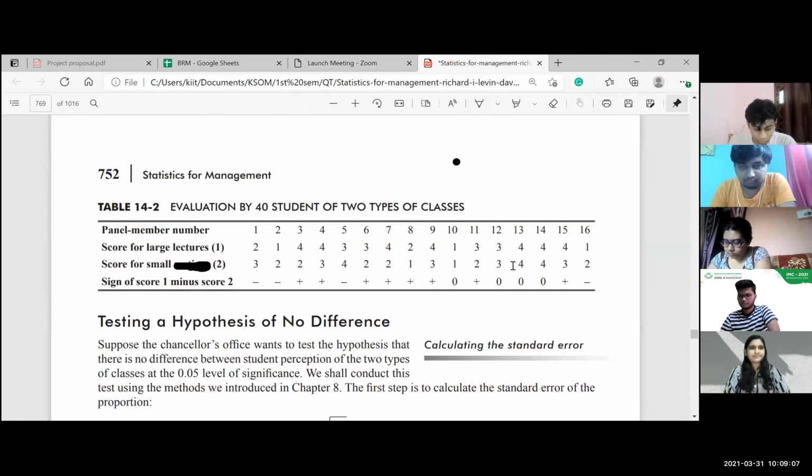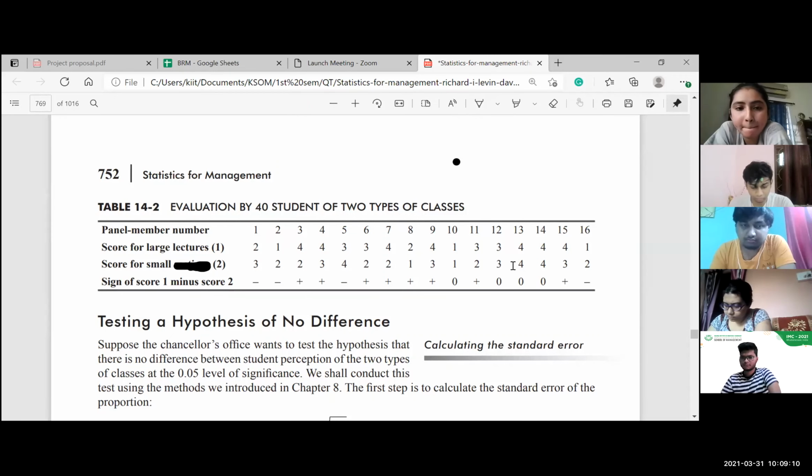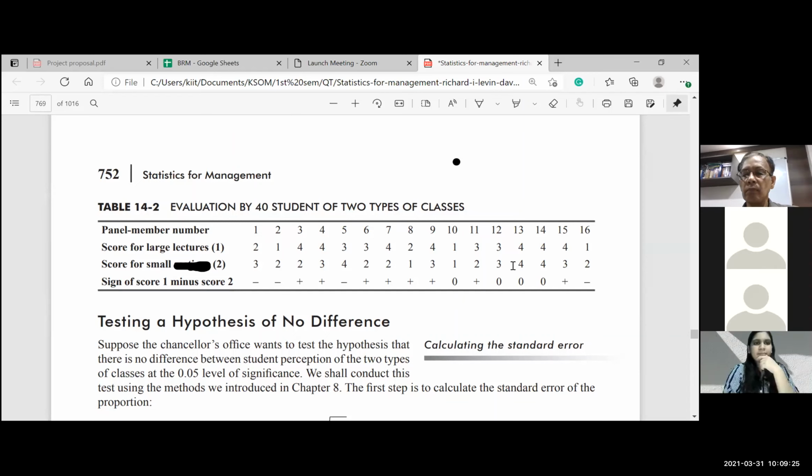Bhavani, what are the 2 steps we suggested? Step 1: take the difference of score 1 and score 2. If it is negative, put a minus sign, and if positive, put a plus sign. If it is 0, ignore that.